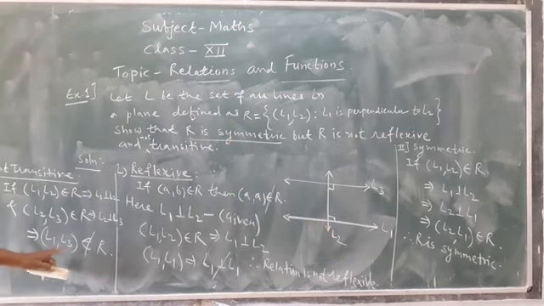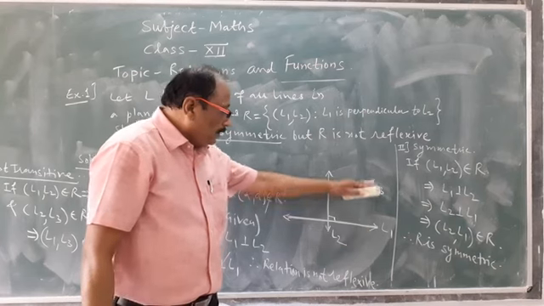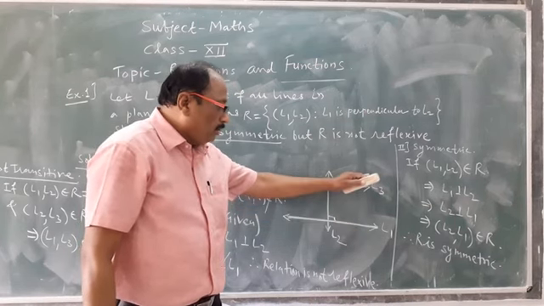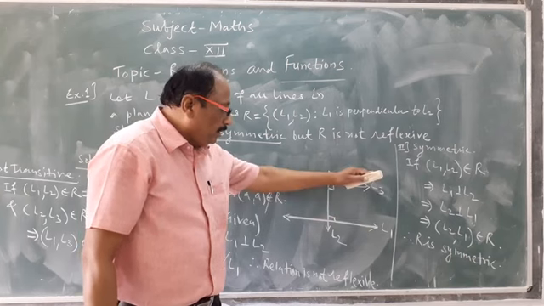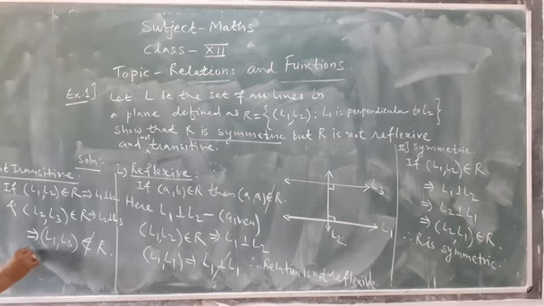But (L1, L3) does not belong to R because L1 and L3 are not perpendicular to each other. Means L1 is parallel to L3. L1 is not perpendicular to L3. Therefore, the relation is not transitive.